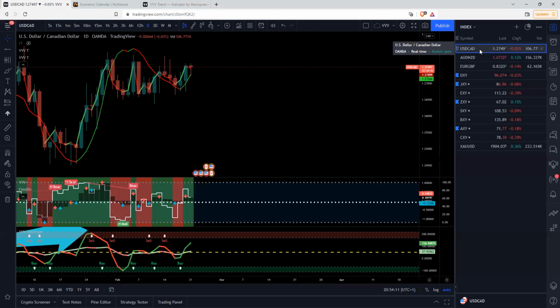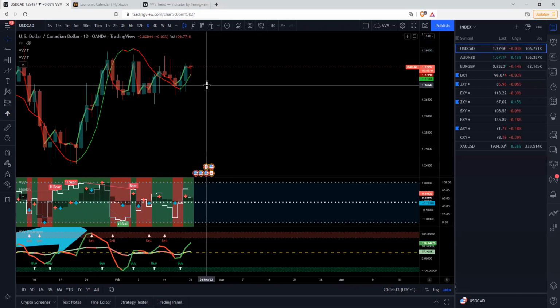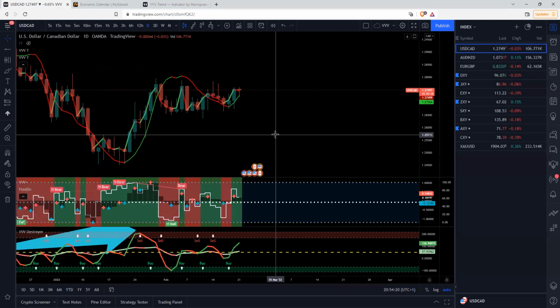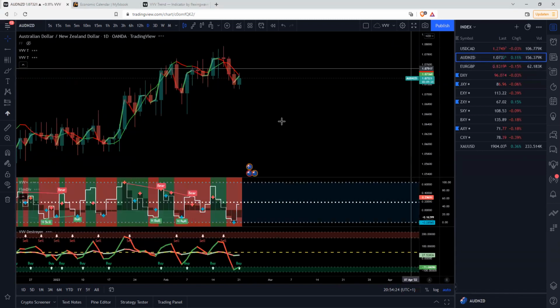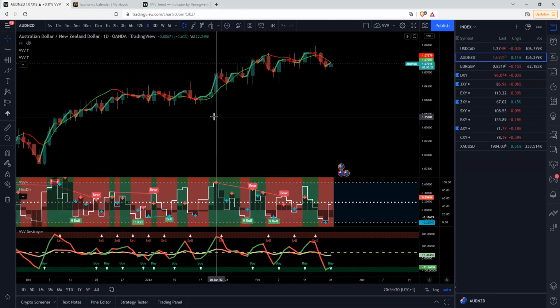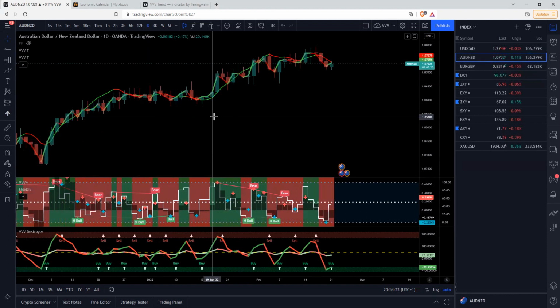Oh, it's moving, right? So when you trade on strong pairs, always look for a weak pair which you can compare. All right, so let's see the AUD NZD. There is not much changing still. This is a shitty market right now.